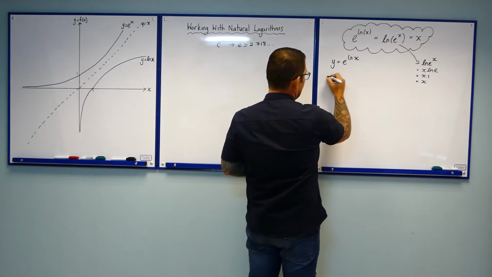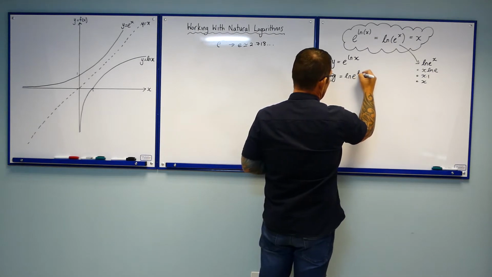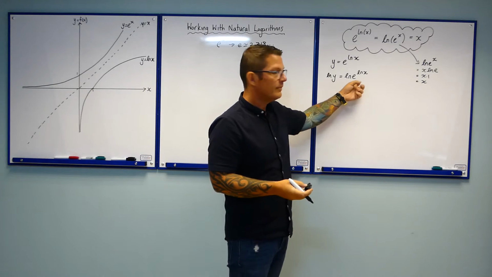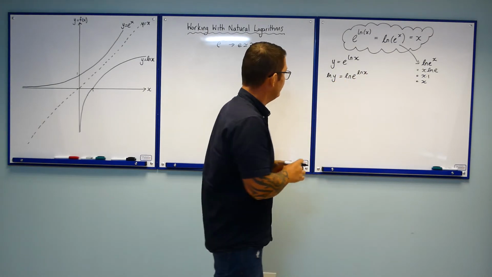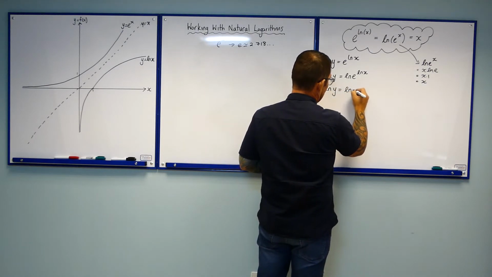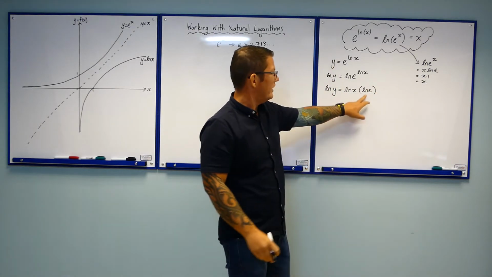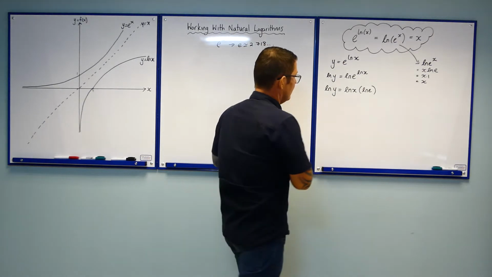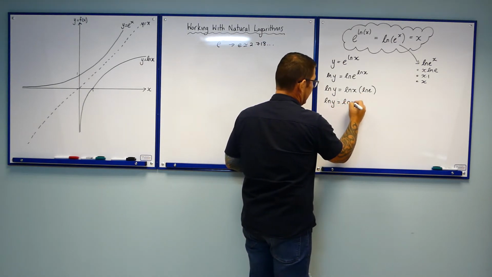So ln y equals ln e to the ln x. It's still in balance. Now I can use the power rule to bring ln x in front, so we get ln y equals ln x times ln e. But we know that ln e is just equal to 1, so we get ln y equals ln x.